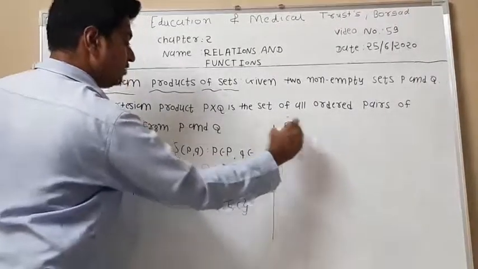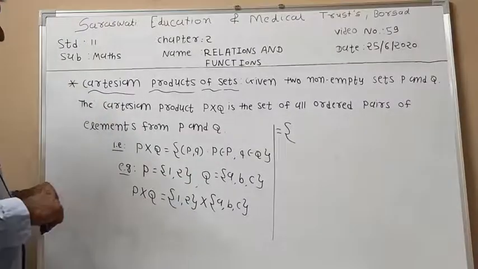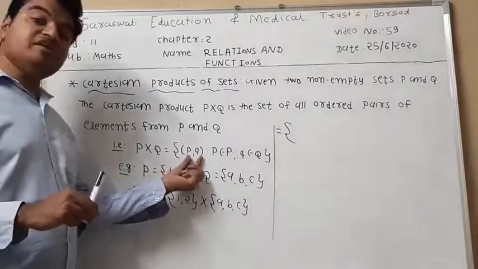Now, how do we write the ordered pairs? The ordered pairs are written in this form.